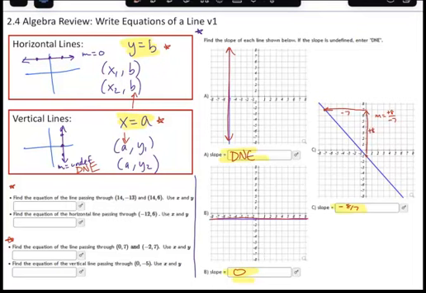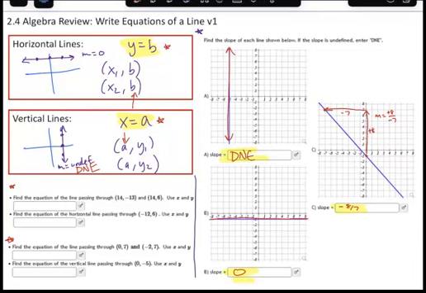This first example says find the equation of the line passing through those points. As we start to get into the process for finding equations of lines, the very first thing that you generally do is find the slope, and then use the slope to calculate the rest of the line. Well, before you even get to that, the first thing you should do is look carefully at the points. Do they have the same x-coordinate or the same y-coordinate?